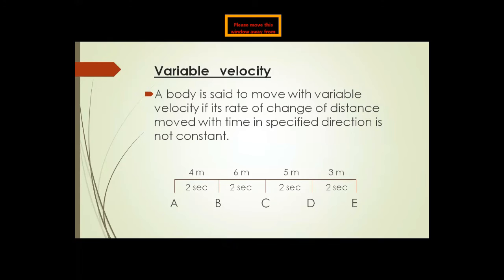As well, if the direction is similar and the displacement is similar, but the intervals of time are not equal, let's suppose this is 2 seconds, this is 3 seconds, this is 5 seconds, this is 6 seconds, there is a change in the distance and a change in the time, then we can say that is a variable velocity.